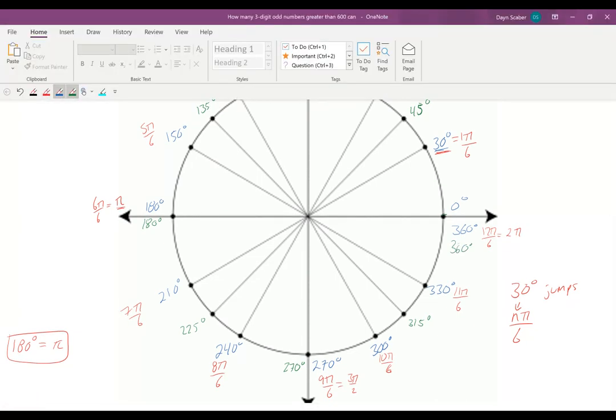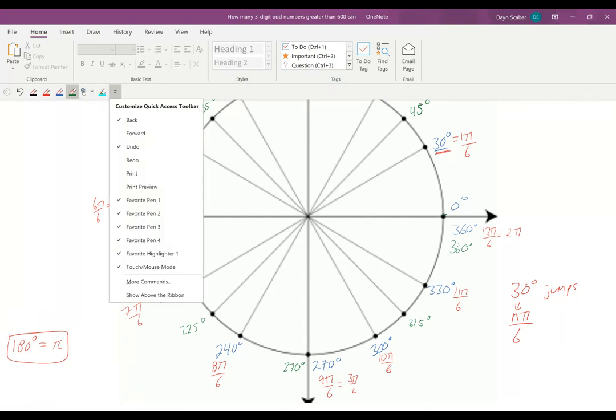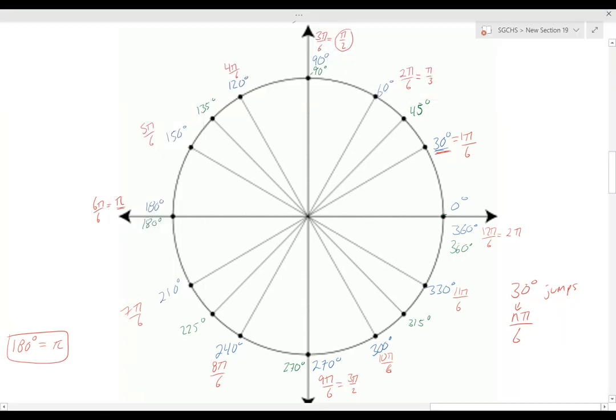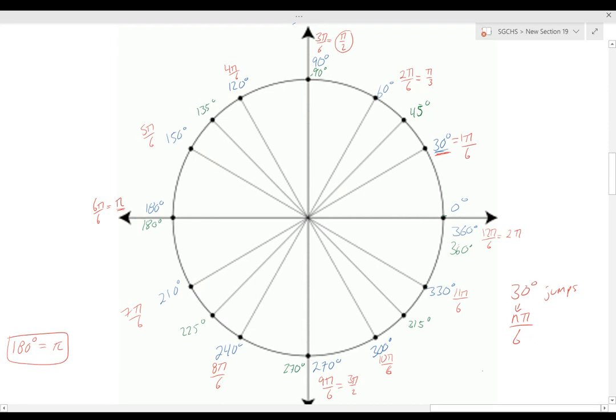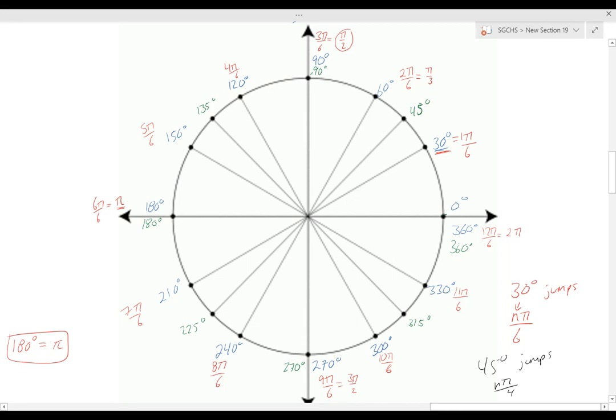Now, how do we make our jumps in terms of 45 degrees? Well, for 45-degree jumps, I'll write it over here again, all we're changing is our denominator. It's n pi over 4, where n is the number of jumps. So we start at 0, so 0 pi over 4 is simply 0.